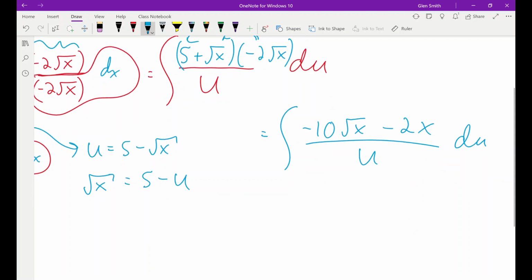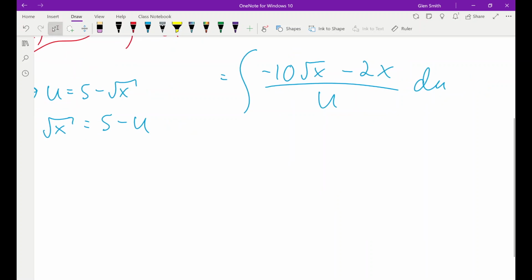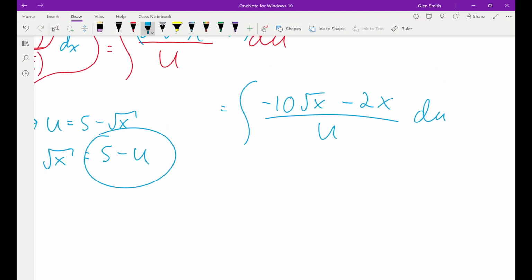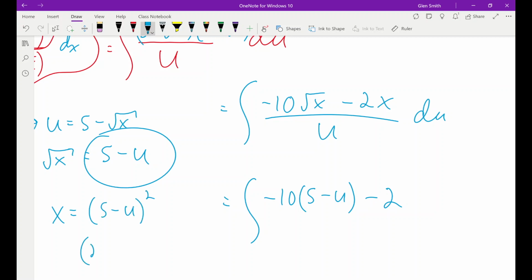Okay. So now I'm going to sub in that root x is this. So this becomes the integral of negative 10, and root x is just 5 minus u. Then we have minus 2, and now I have an x there. So if root x is 5 minus u, then x is just 5 minus u squared, which is really just 25 minus 10u plus u squared.